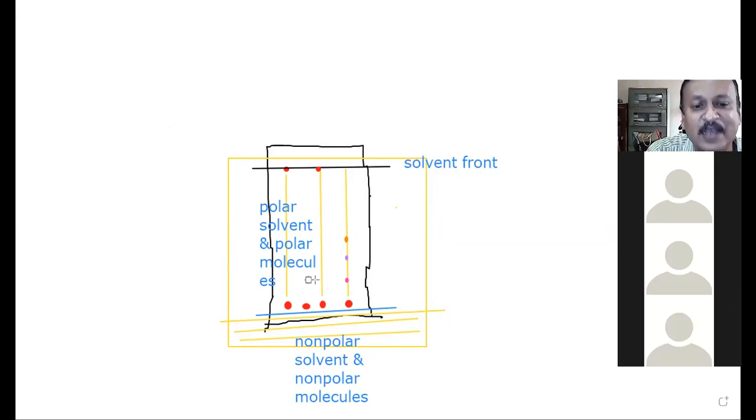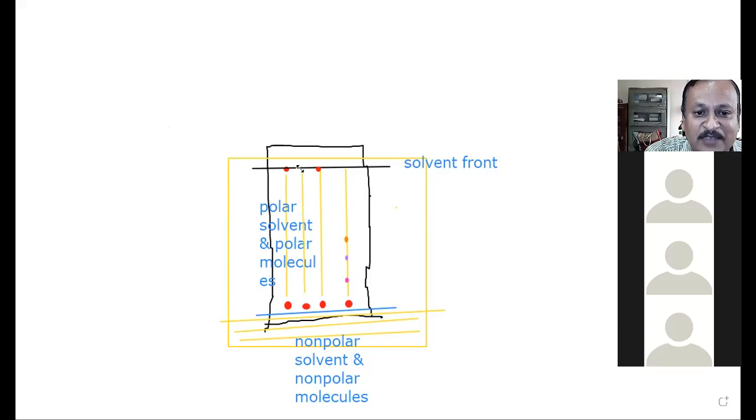Right, this is an important concept and it is applicable to all chromatography to some extent. Therefore, you should be very attentive and try to understand what I am saying. Suppose the sample components are all polar and the solvent system which you are using is a non-polar solvent system. I'll again try to draw this yellow colored line here.